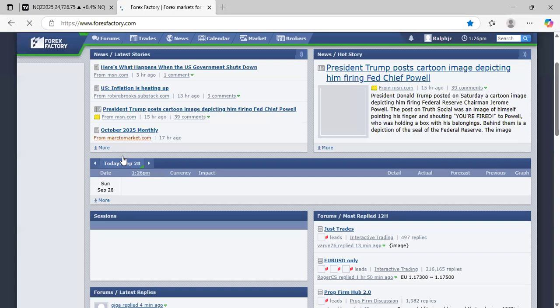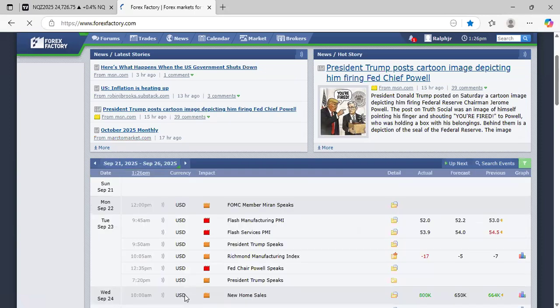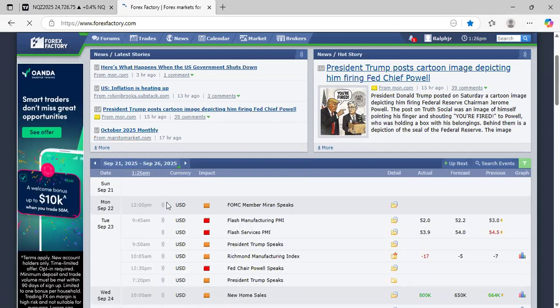If we take a look at Forex Factory, that is what I look at when I check the news. You can use whatever website that you prefer, but I look at Forex Factory. So when it comes to Monday, we had no major red news. We only had some medium impact news at 12 p.m. So we had the green light, no major red news.